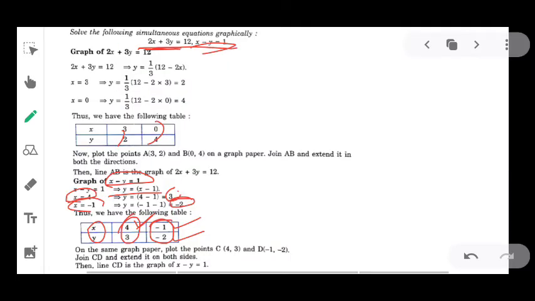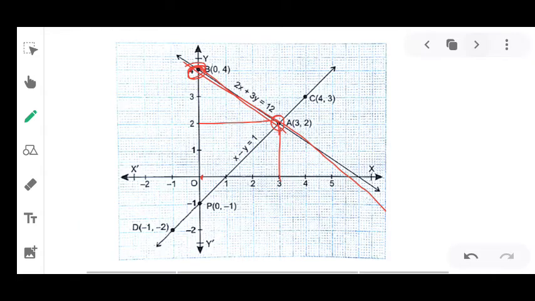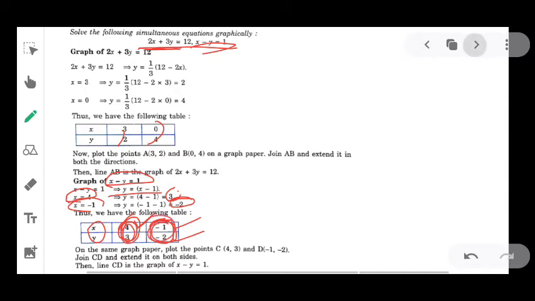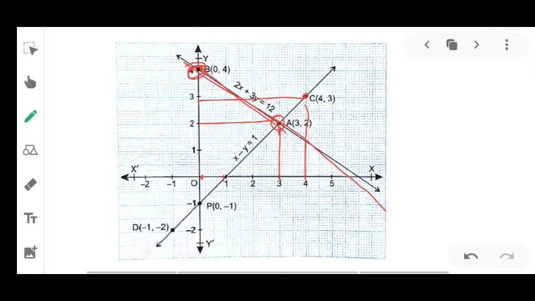Now we'll draw the graph for the second equation. The points are 4 comma 3 and minus 1 comma minus 2. So this is 4, this is 3, so this is the point 4 comma 3. Then another point is minus 1 comma minus 2. Now join these 2 points and produce it.